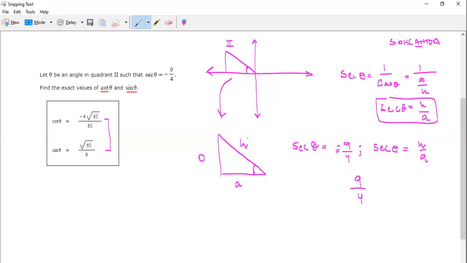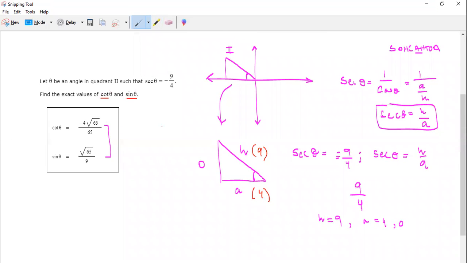So the hypotenuse is 9, and the adjacent side is 4. The opposite side, unfortunately, we do not know. So let's label this: the hypotenuse is 9 and the adjacent is 4, and the opposite side is still in question.